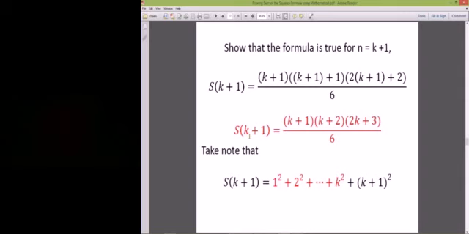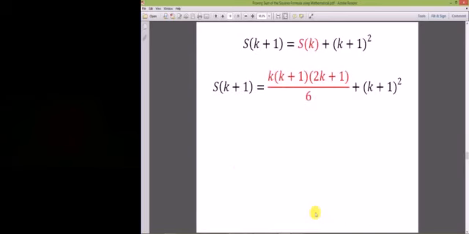Now to prove this, first take note that S of k plus 1 is just the sum of all the squares beginning from 1 to k squared and then the additional term k plus 1 squared. Therefore, S of k plus 1 is just S of k plus k plus 1 squared.